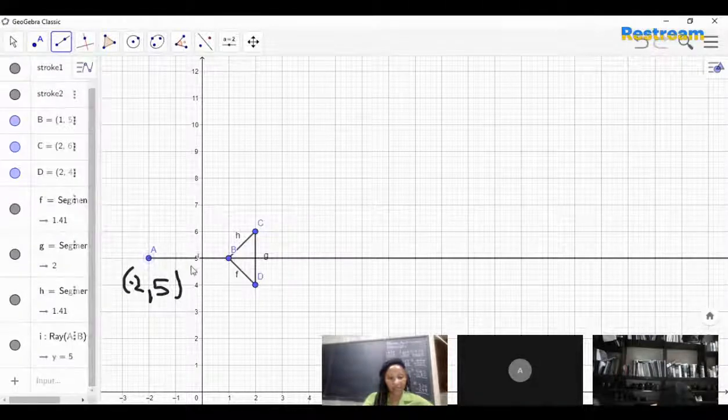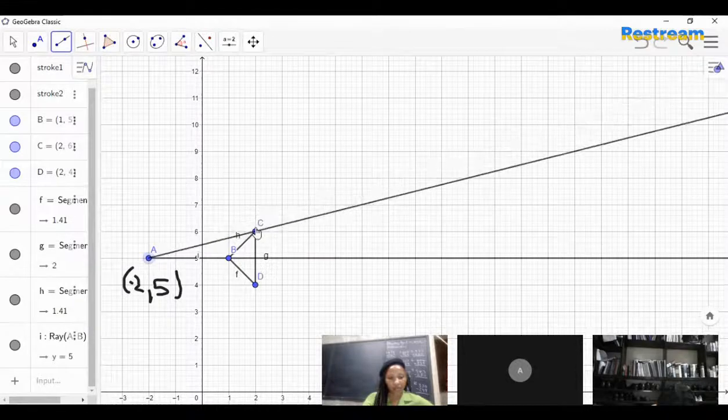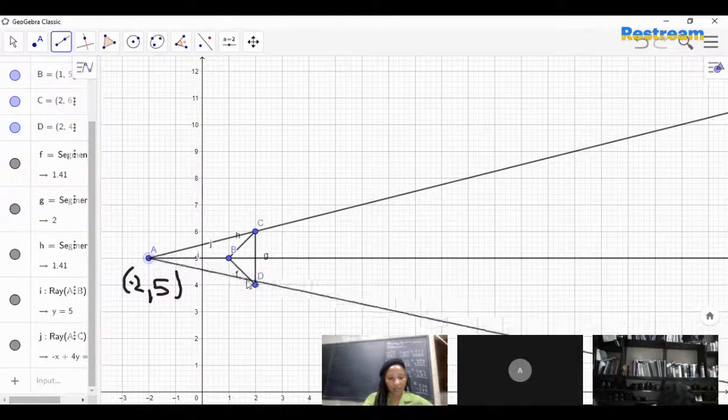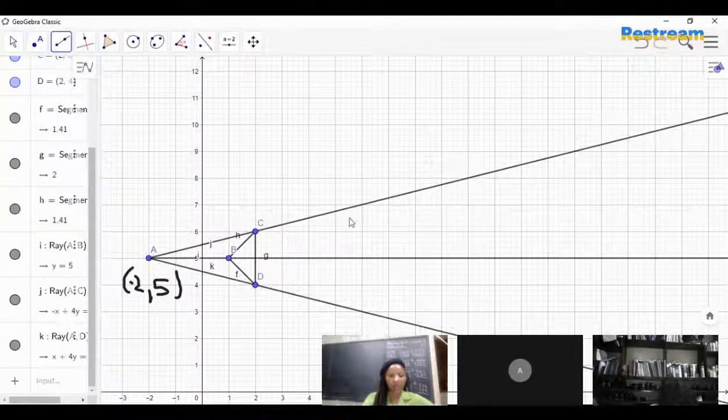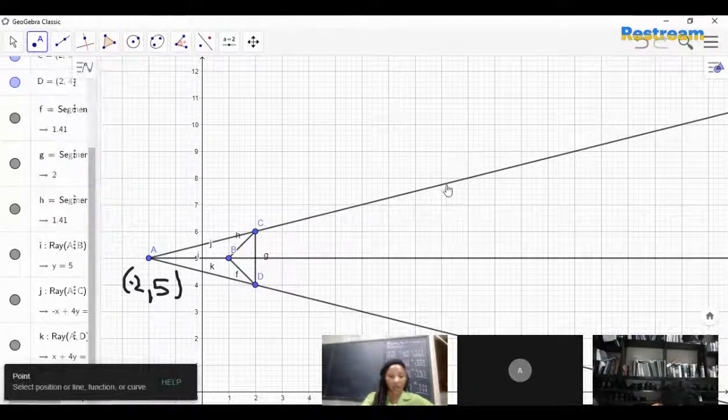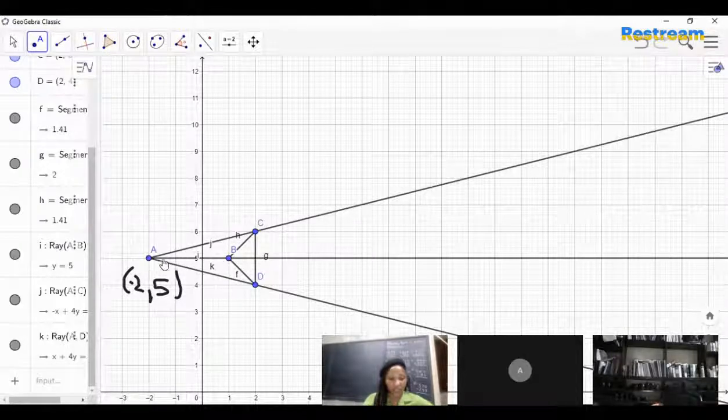Through each point, make sure. All right. So we said the scale factor was 3. So for the first point, we went straight across 3, right? 1, 2, 3. So 3 times 3 is 9.